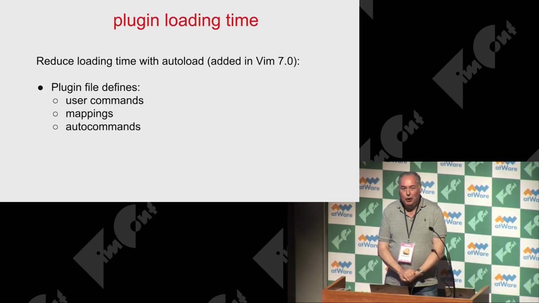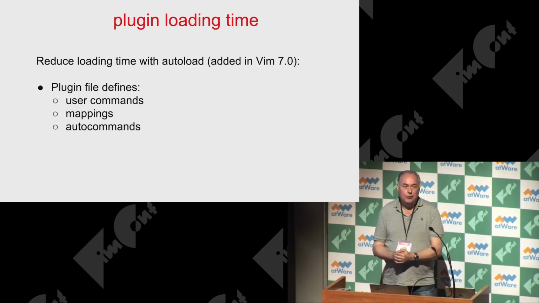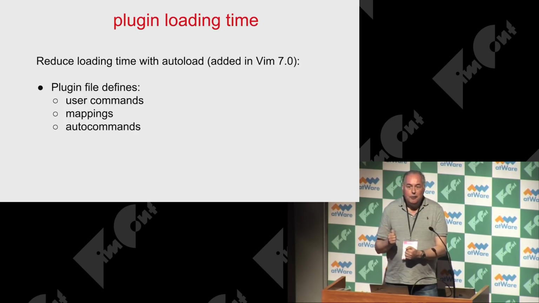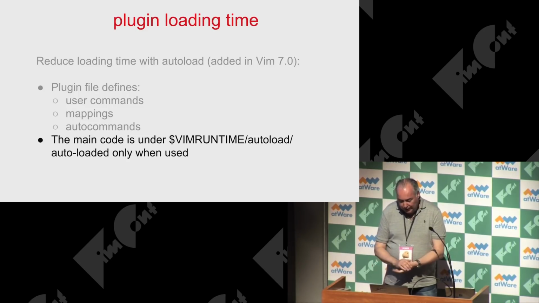If you look at the plugin loading time, there's one very, very important feature that every plugin writer should use, which is the auto-load mechanism. So your plugin should actually only define some commands or mappings or the basic things you need to trigger the plugin, but the actual functionality should be under auto-load.